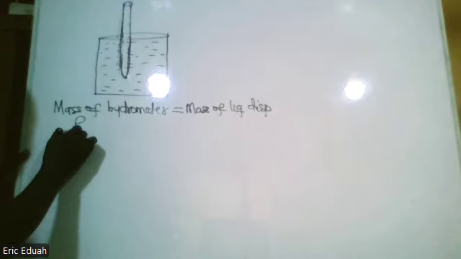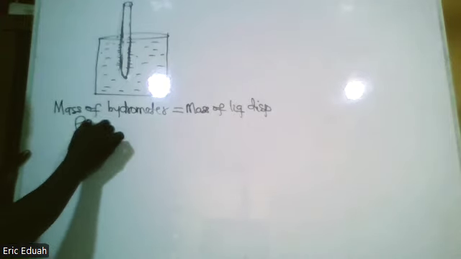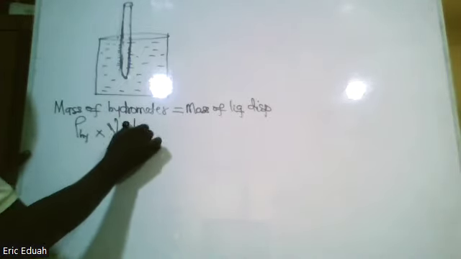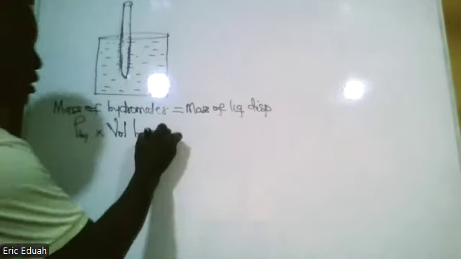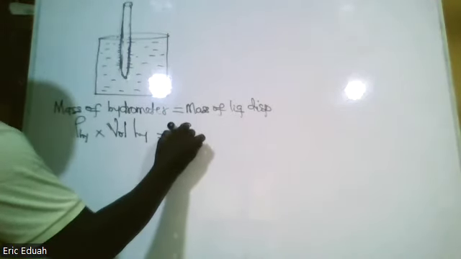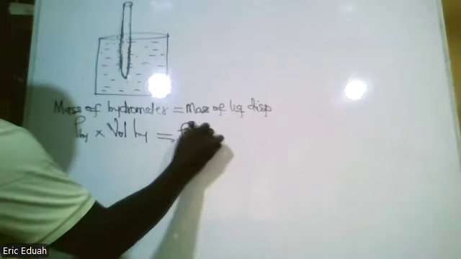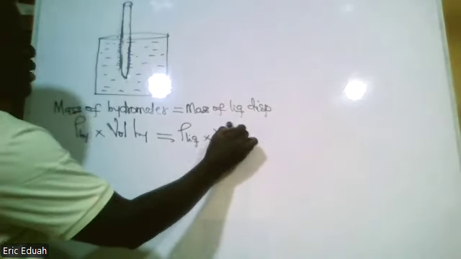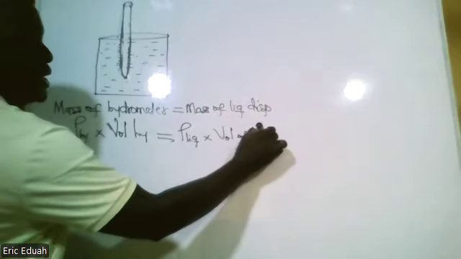Density can be density of hydrometer times the volume of hydrometer, which you equate to density of liquid times volume of liquid displaced.